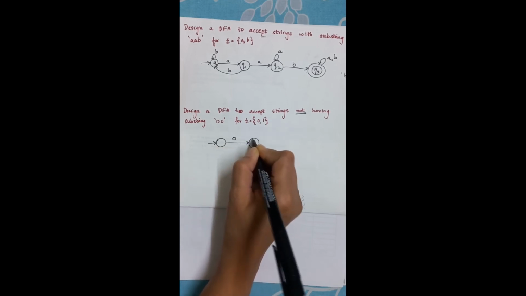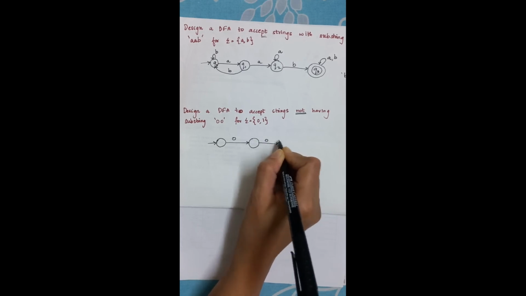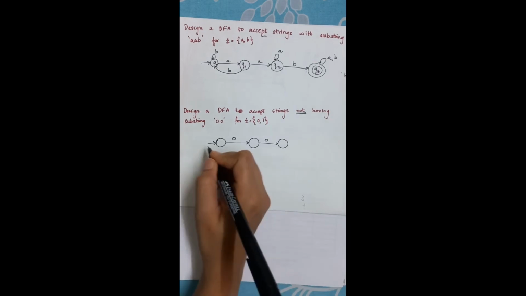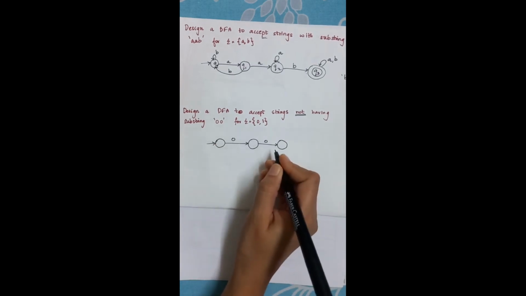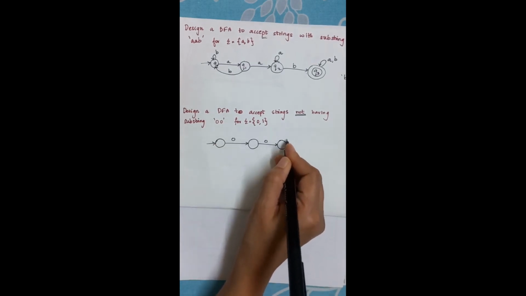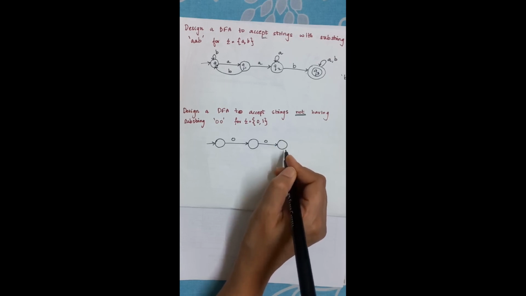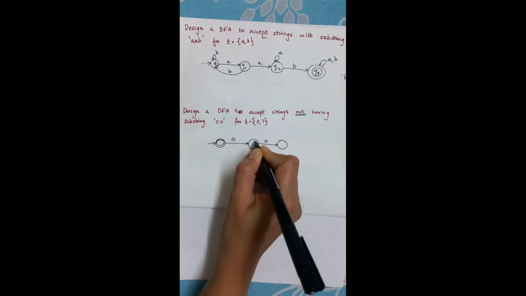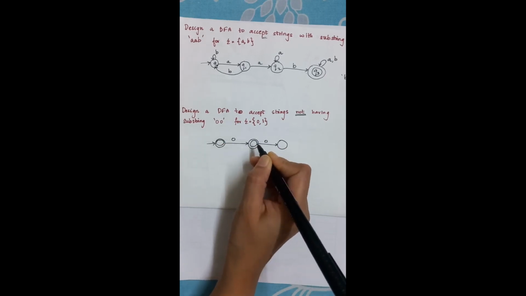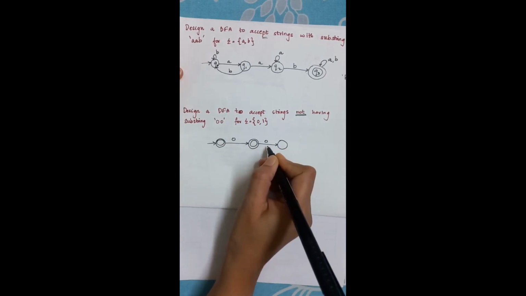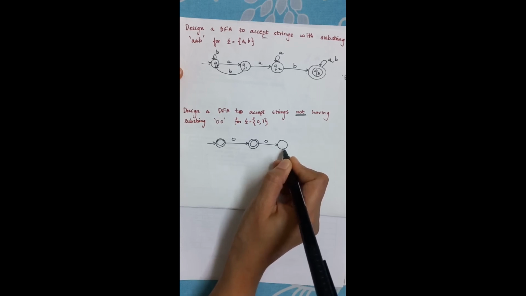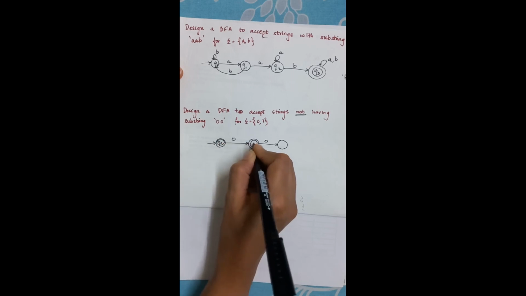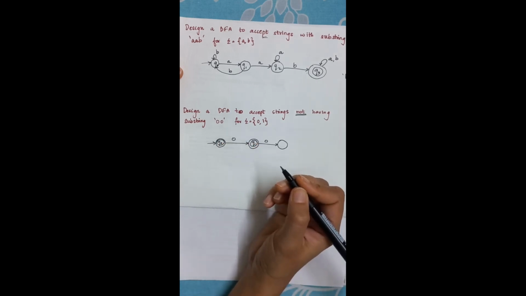So what I basically do to handle this not-having situation is I reverse the final states. Initially I would have had this as my final state, but here I will have these as my final states because I do not want 0, 0. So if I get 0, 0, then it will take me to another state. But if I do not have a 0, 0, then I reach my final states.